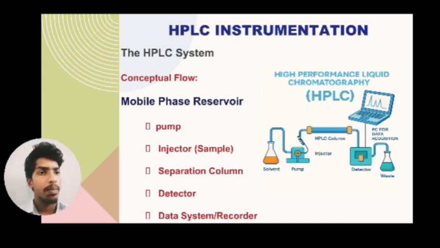The solvent flows through a pump, and the pump sends it to the injector, then the HPLC column and the detector, and waste goes outside, and the data are stored in the PC for data acquisition.